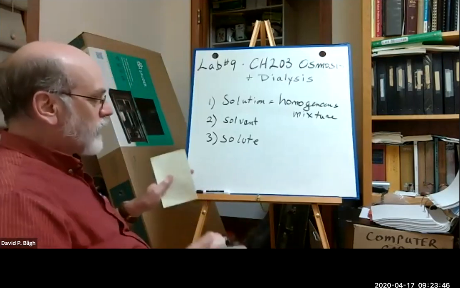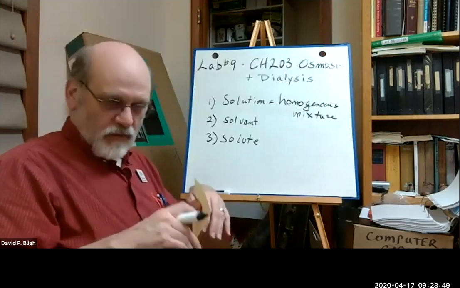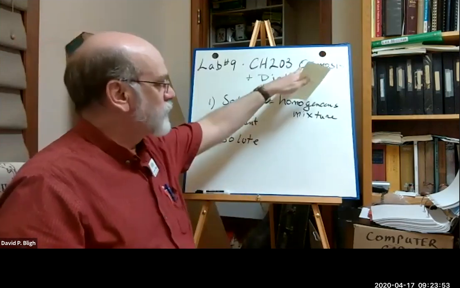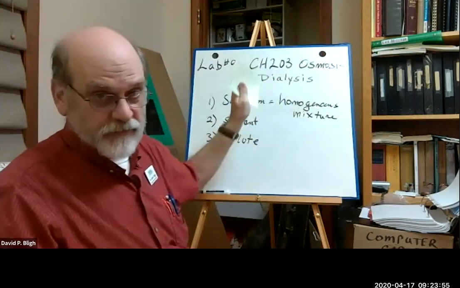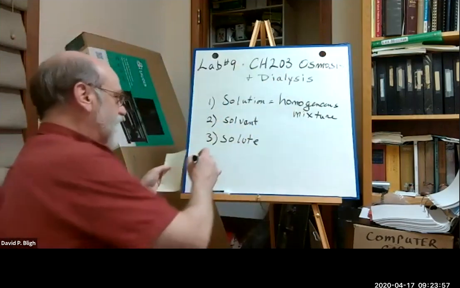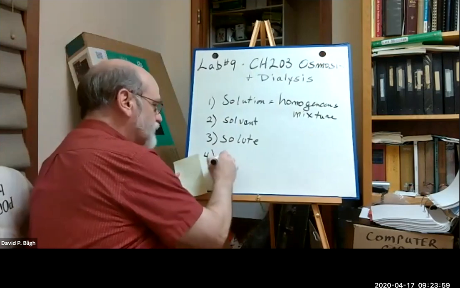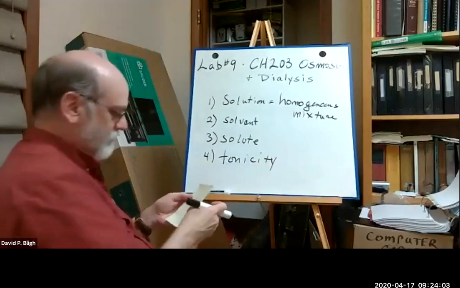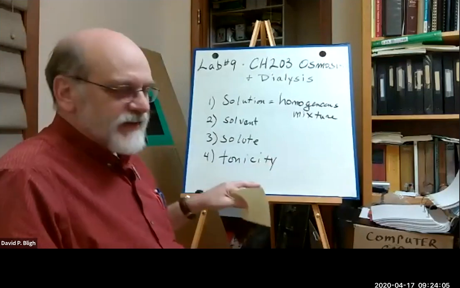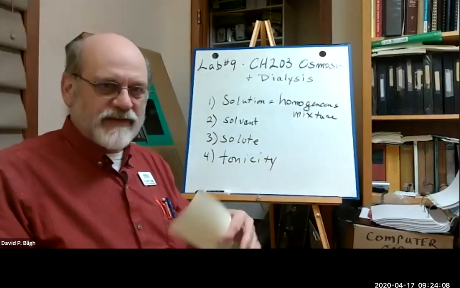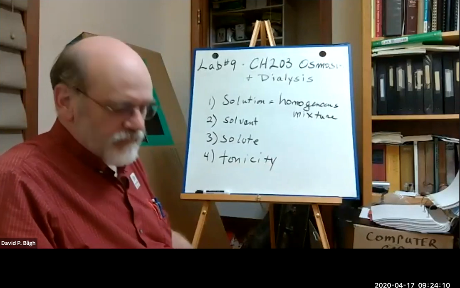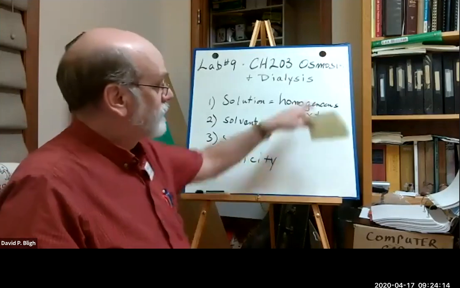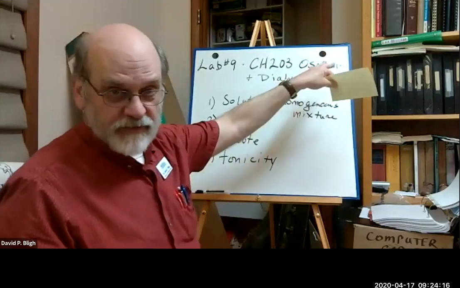So there's one other term that we need to understand when we talk about osmosis and dialysis for that matter. And that term is called tonicity. Tonicity describes the tendency of a solvent to cross the semipermeable membrane for an osmotic process.